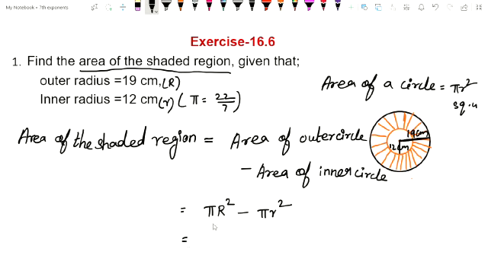In this, pi is common, just take it out. What is remaining? R square minus r square. So it is in the form of a square minus b square. How can you write it, children? a plus b into a minus b. Just write like this.